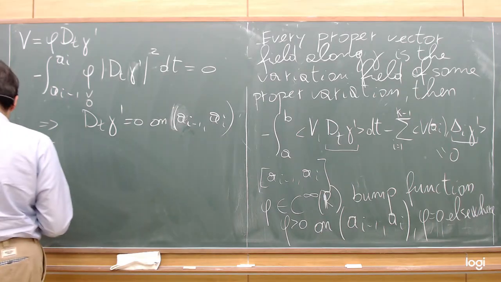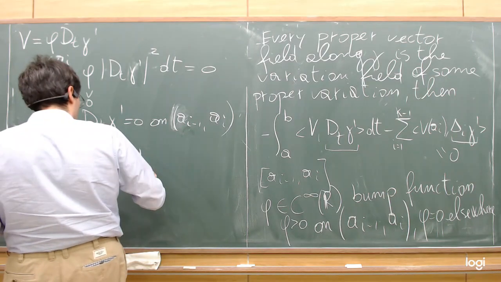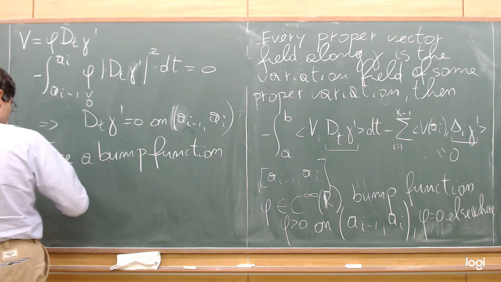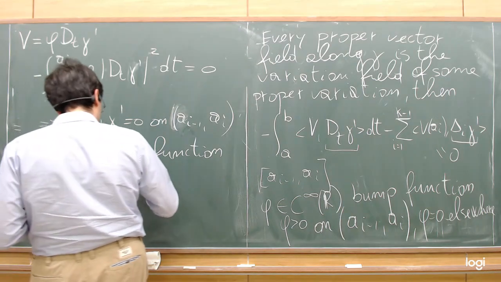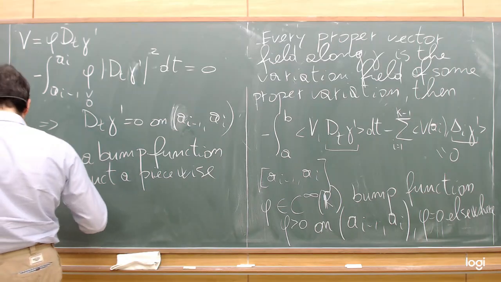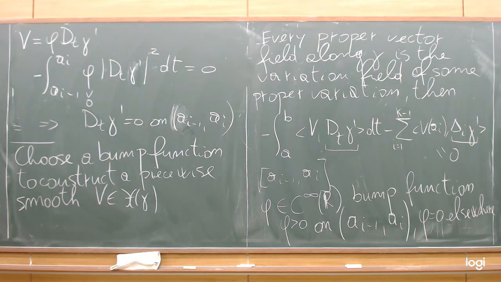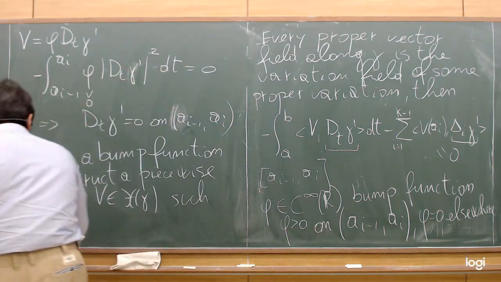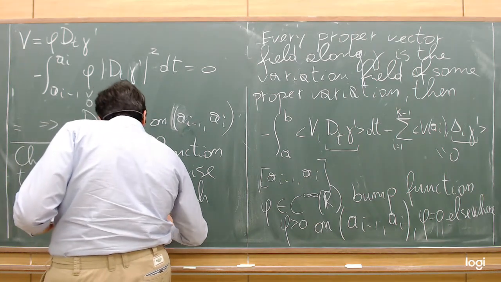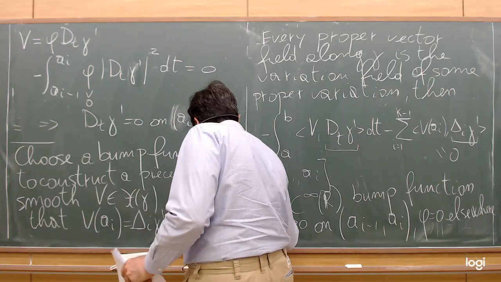So we choose a bump function in a coordinate chart to construct a piecewise smooth vector field V along gamma, such that V at a_i is delta_i gamma prime, and V at a_j is 0 if i is different from j.